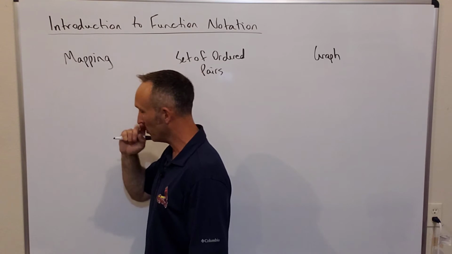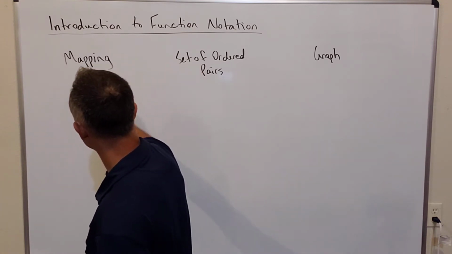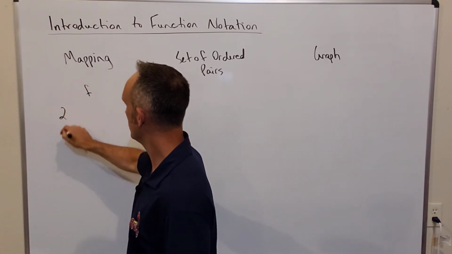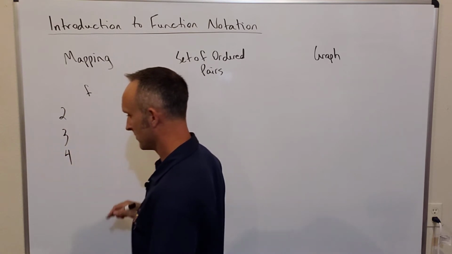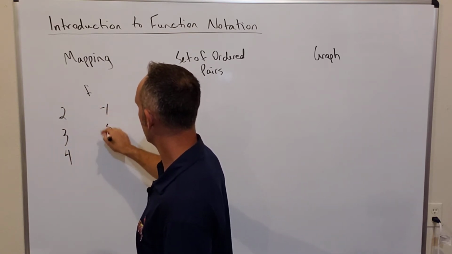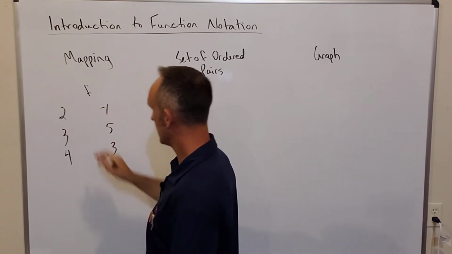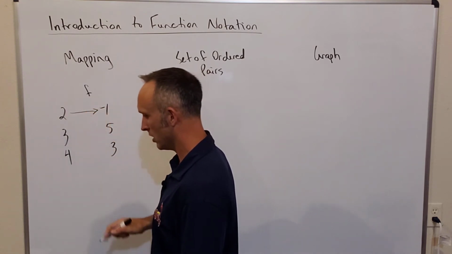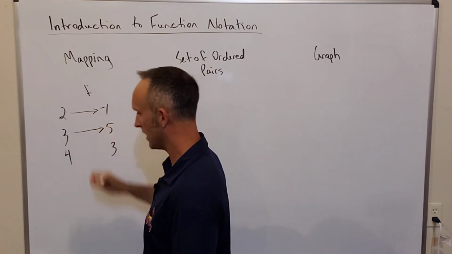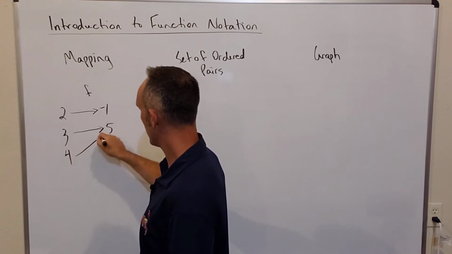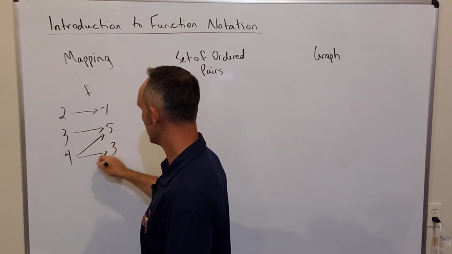So the mapping we will call f, and the inputs are 2, 3, and 4. The outputs, let's say, are -1, 5, and 3. 2 points to -1, 3 points to 5, 4 points to 5, and also to 3.